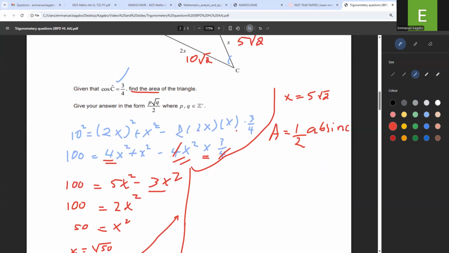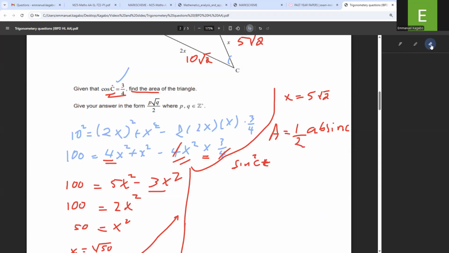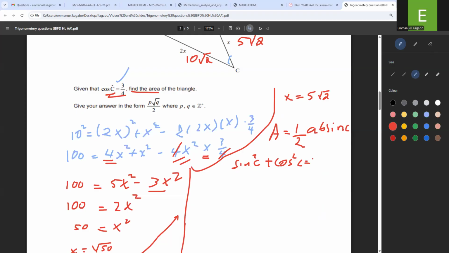Oh, okay. I need sine C. I have only cos C. Oh, what do I do? Now, we need to remember again, sine squared C plus, this is plus, guys, cos squared C equals 1, right?